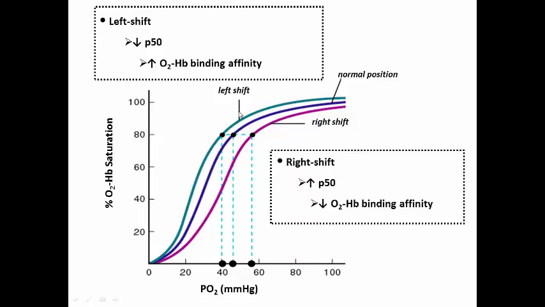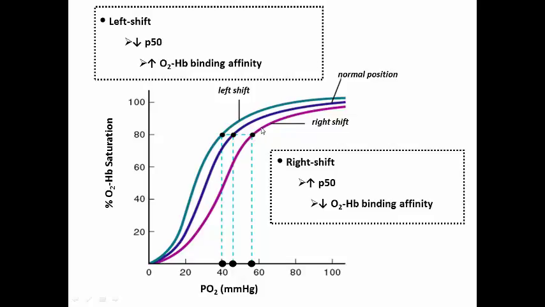On the other hand, a right shift of the curve, this is the one in violet, indicates a decreased oxygen binding affinity as a result of an increased P50. So this is the normal position in blue. The left shift with increased affinity is green, and the right shift with decreased affinity is violet.